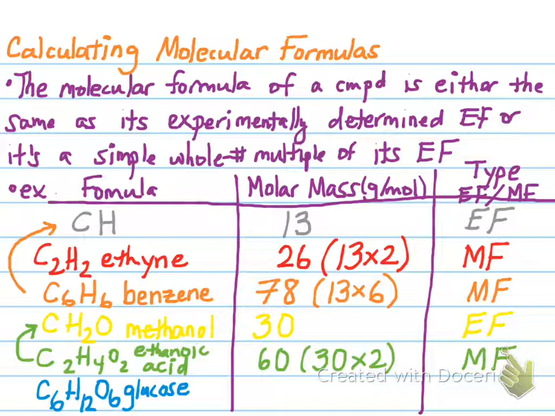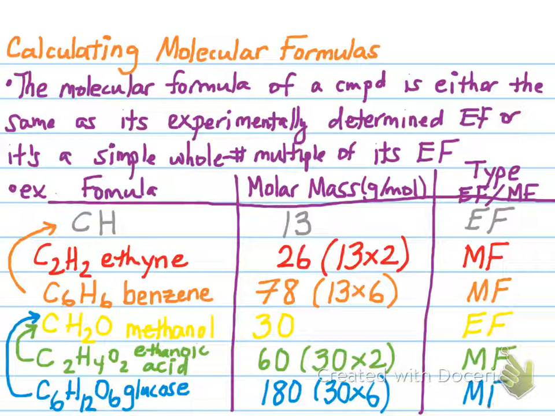Lastly, glucose, 6 carbons plus 12 hydrogens plus 6 oxygens is going to give you a mass of about 180 grams per mole. Again, its empirical formula is still CH2O, but I would have to multiply it by 6. 30 times 6 gives me 180, and this is a molecular formula.